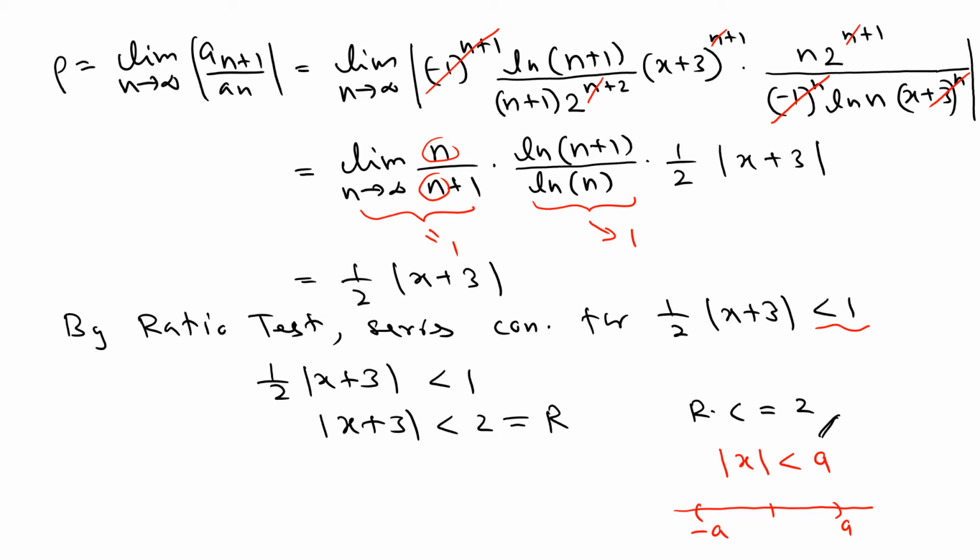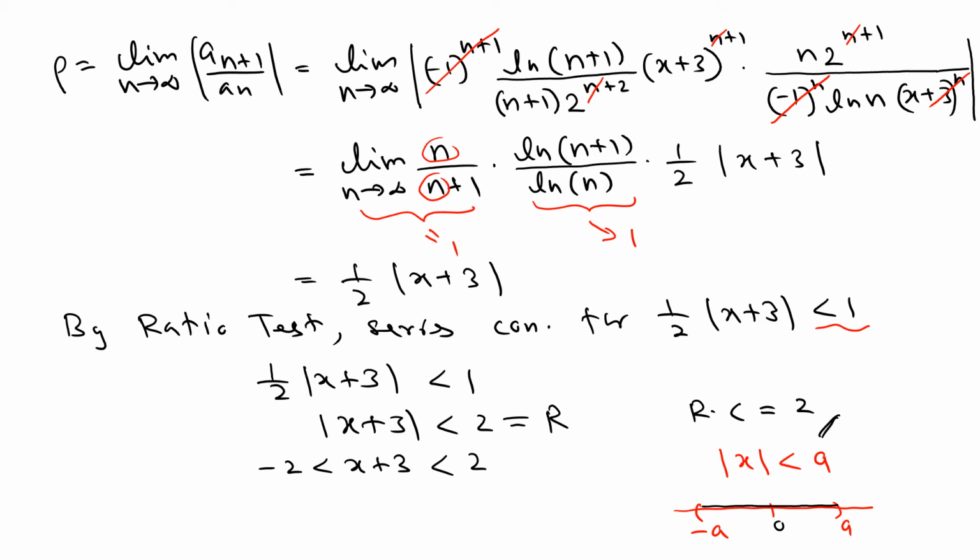So if we say the absolute value of x is less than a, that means x is in between a and negative a. We can use that idea. Here, not just x, we have x plus 3. It's the same thing. Instead of x, we write x plus 3, which is less than 2 and greater than negative 2.